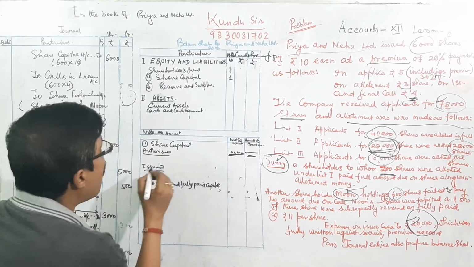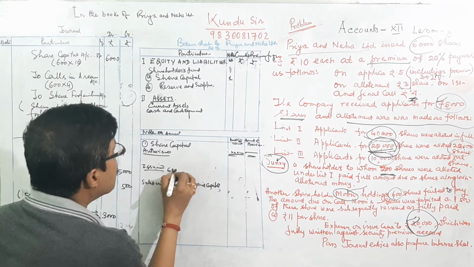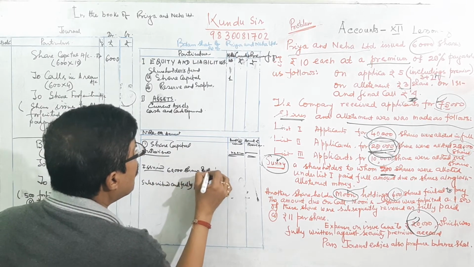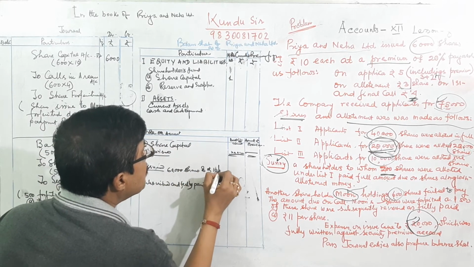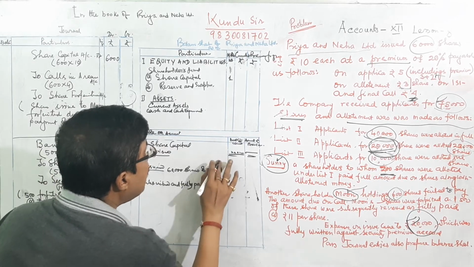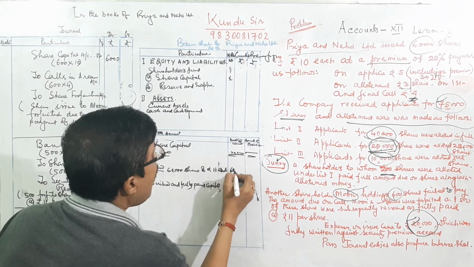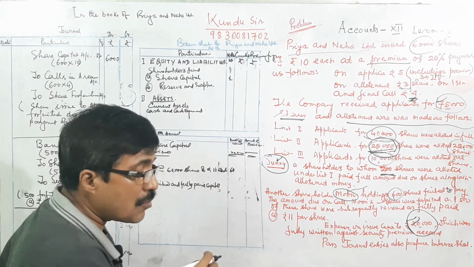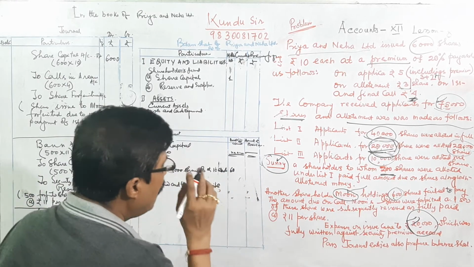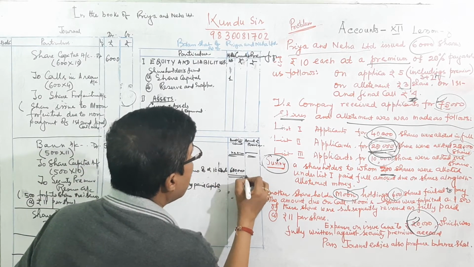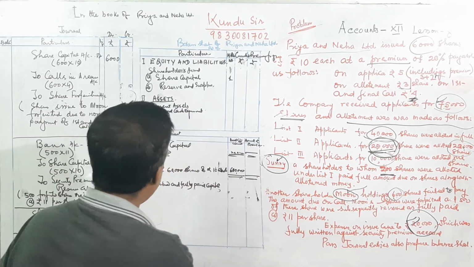We have issued how much? 60,000 shares of rupees 10 each. 60,000 into 10 equals 6 lakh, and we are not aware of the last year figure.